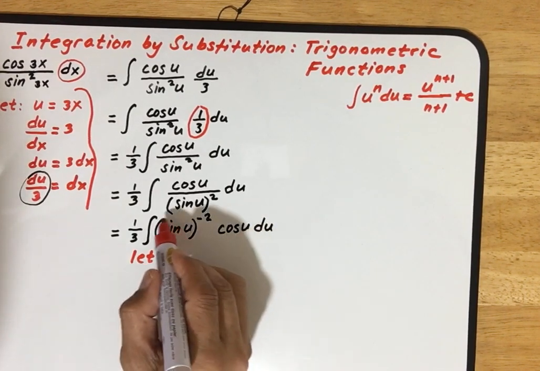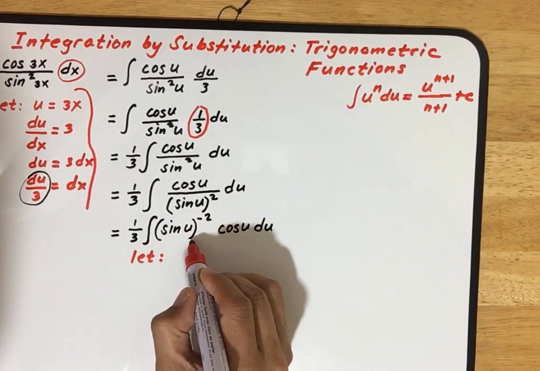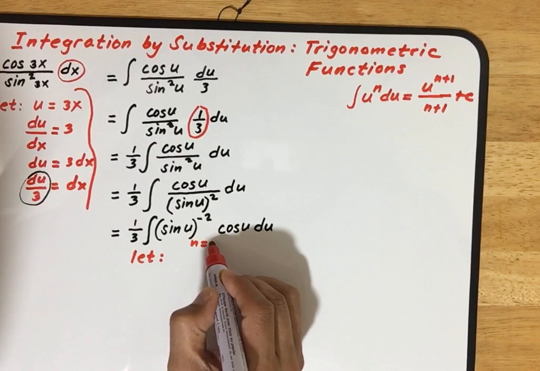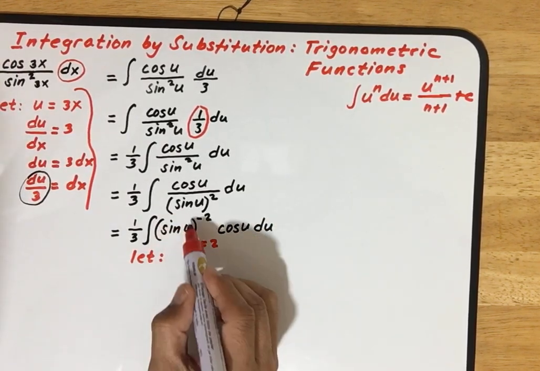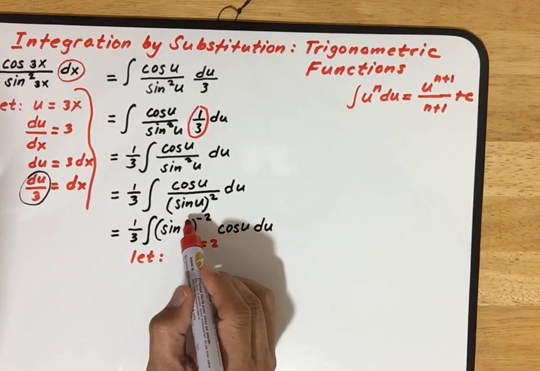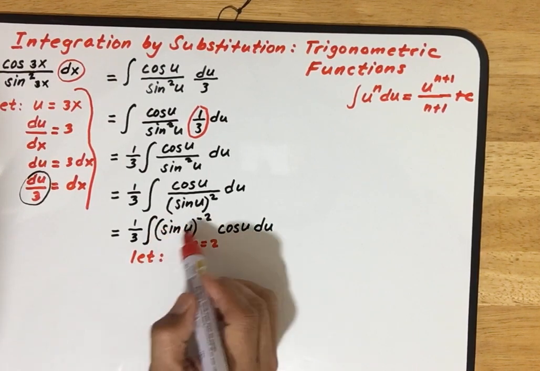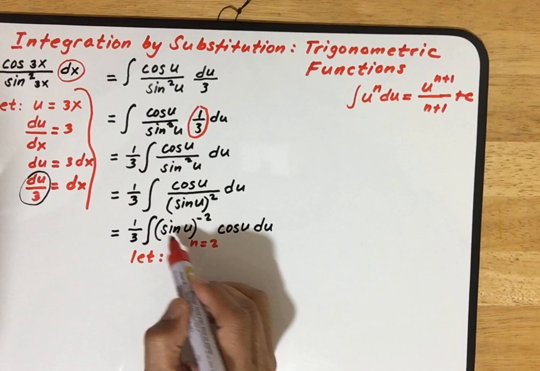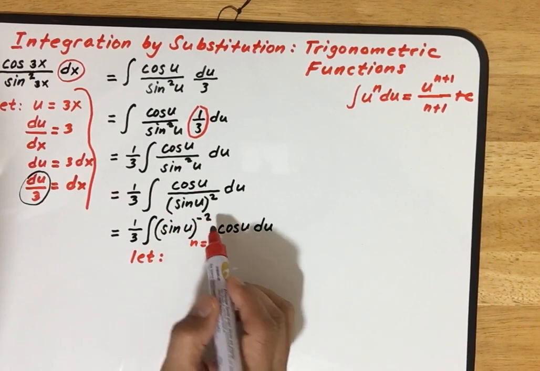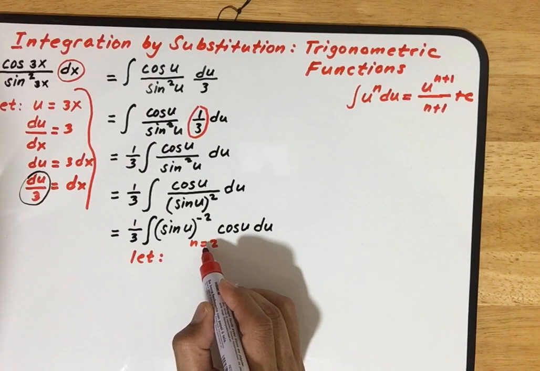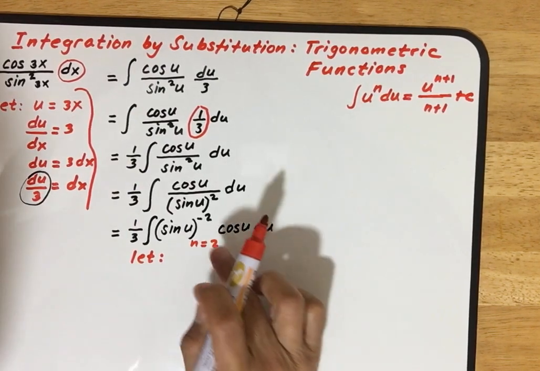By the way, class, as I mentioned, you can get the n as the exponent of the expression outside the parenthesis, like this one. So n is equal to -2. Sorry, this is -2.